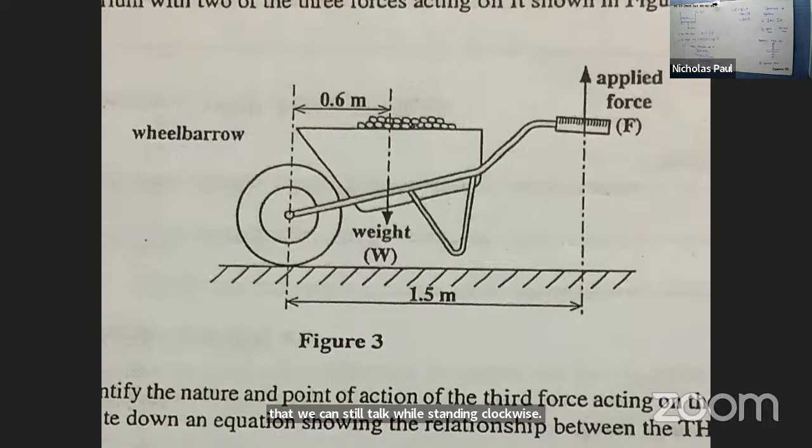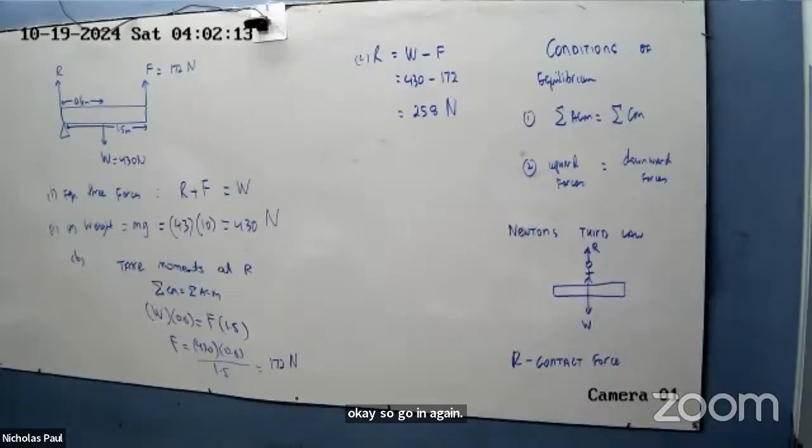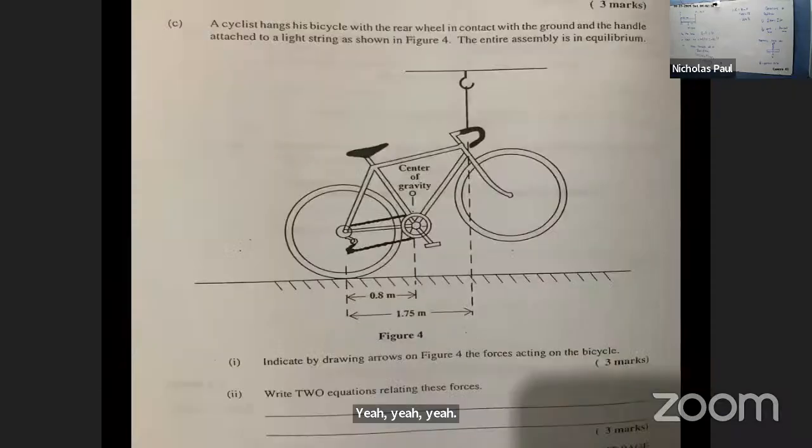Okay? So we're going again. Next scenario, I think, is the bicycle.